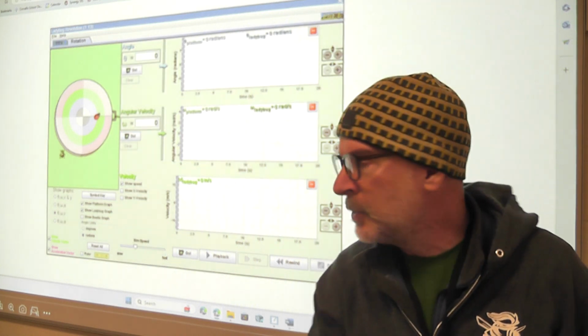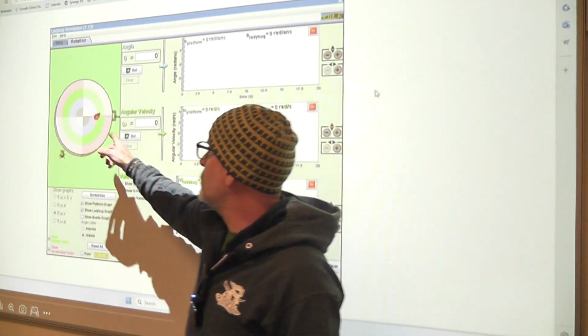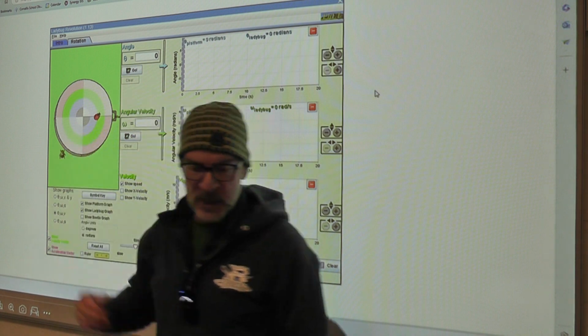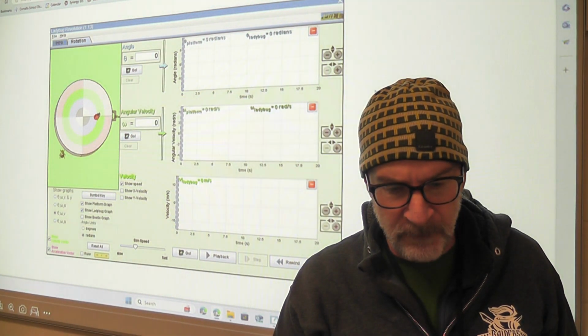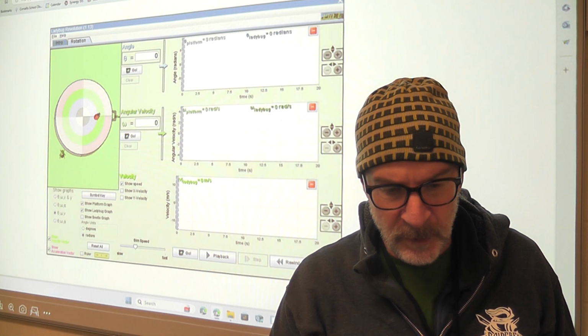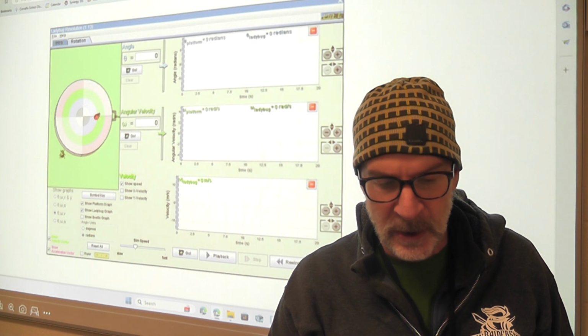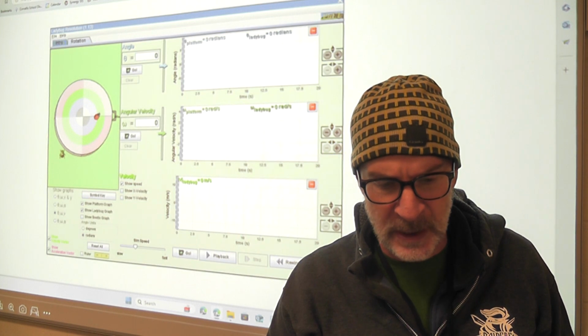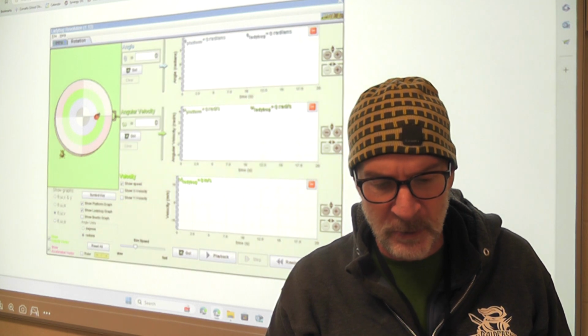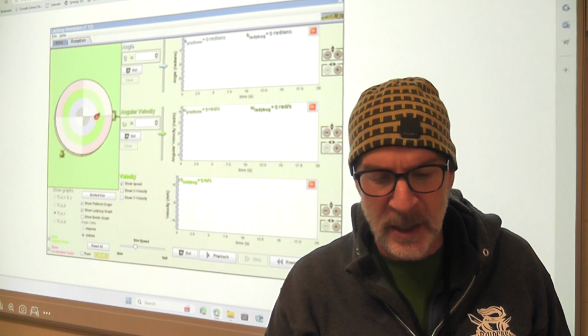Like a 0-degree angle seems to be when the wheel is in this position, but if I move it even just 1 degree, look at how far my little critter goes. 1 degree is that much, and 2 degrees is that much, and 3 degrees is that much.